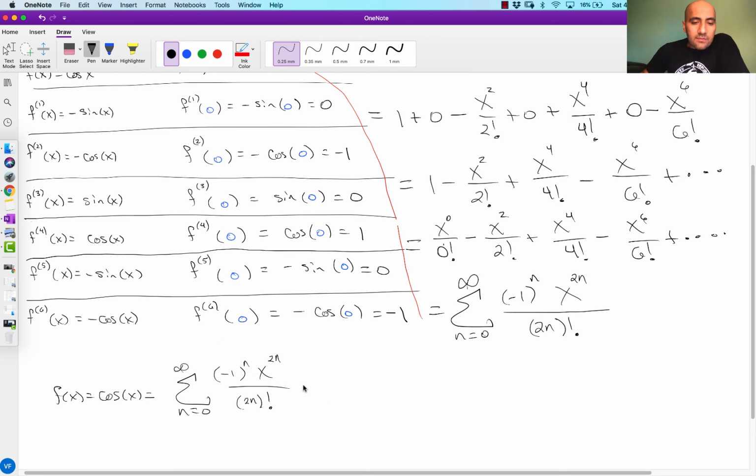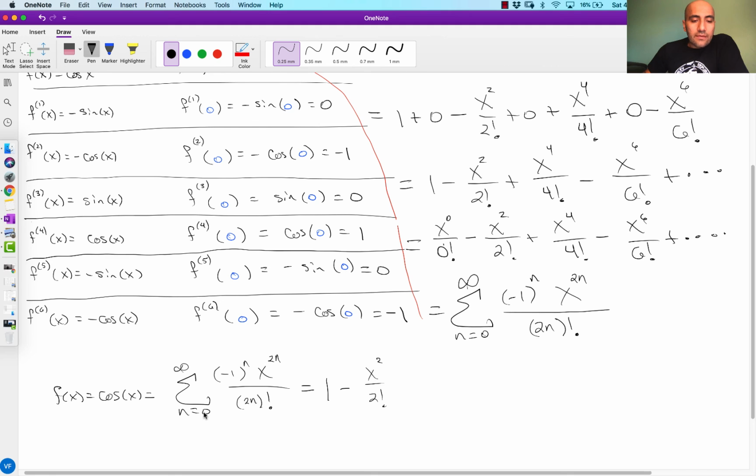And if we wanted to expand this out a little bit, when n is 0, that's all going to turn into a giant 1. When n is 1, we'll end up with a minus. And then n is 1, we'll end up with an x squared over 2 factorial.